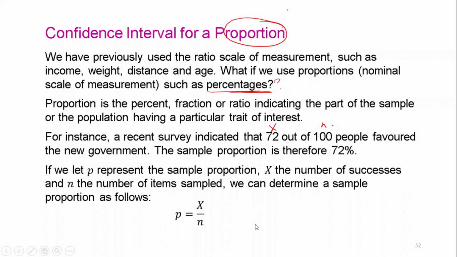The total is 100. If we let P represent the sample proportion, X the number of successes, and N the number of items sampled, we can determine the sample proportion as follows. P equals X divided by N. Actually this is the same as the probability of success.